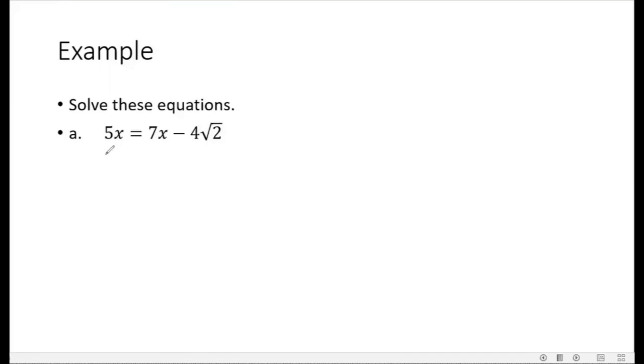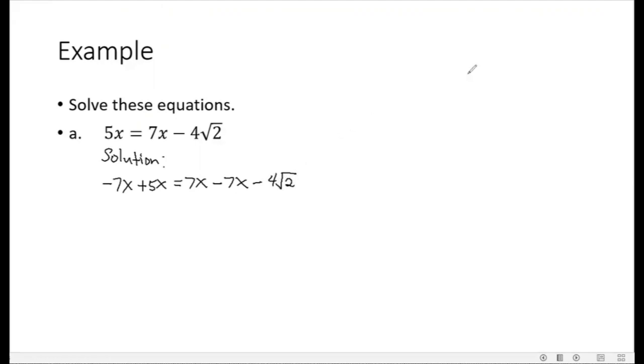Okay, for the solution, so yung left and right natin ng side of equation, pwede nating lagyan ng minus 7x para ma-eliminate natin itong 7x sa right side. So, negative 7x plus 5x equals 7x minus 7x minus 4 square root of 2.